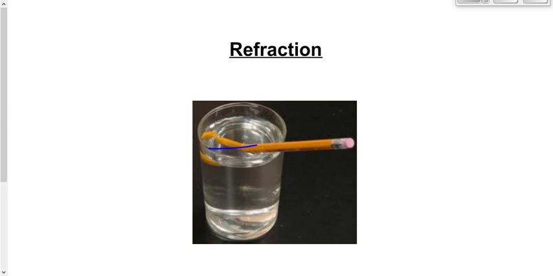Well, light reflects off of the pencil up here. It doesn't bend. We see the pencil because it's reflecting off of it, but it doesn't bend when it goes from air to air. So the pencil appears to be where it really is. But when light reflects off of the pencil that's inside the water and then gets to the boundary between the water and the air, it changes direction due to the change in speed when the light went from the water to the air.